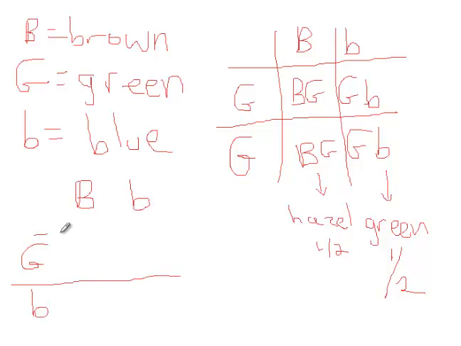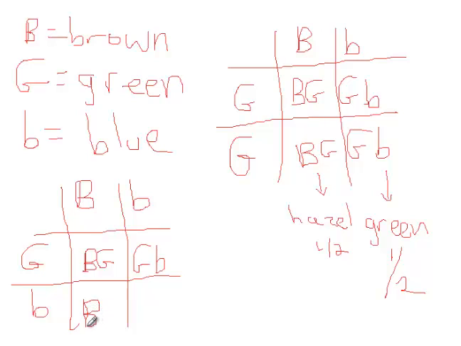So in my family, we've got one chance for BG, which is hazel. That's what I have. We've got a GB over here, which is green. My sister has that. We've got a Bb, capital B, lower b, which is brown and blue, which is brown. That's my brother. And the last one is bb, blue, blue, which is possible for a blue-eyed child, and that's none of my siblings. I've got two siblings, so we've got this one, this one, and this one, but we've got no blue-eyed.